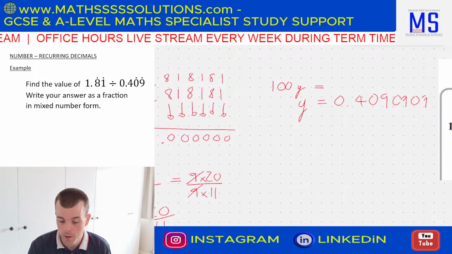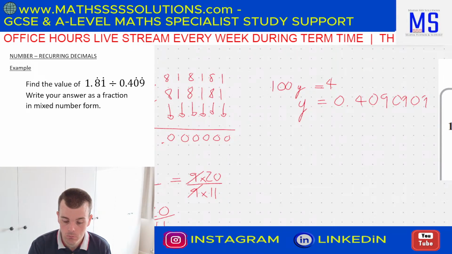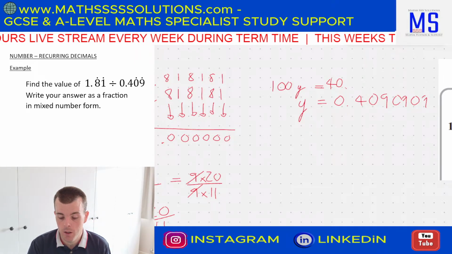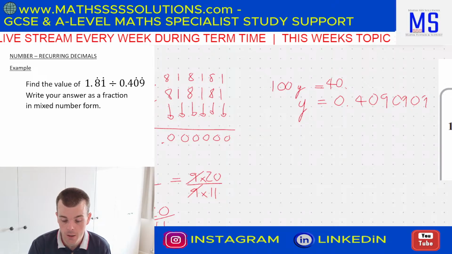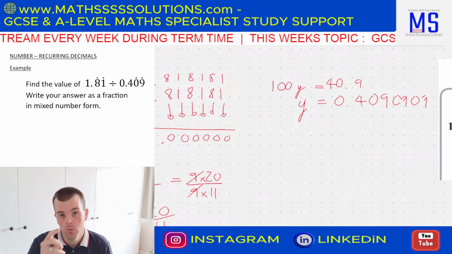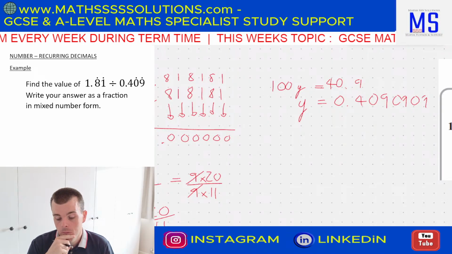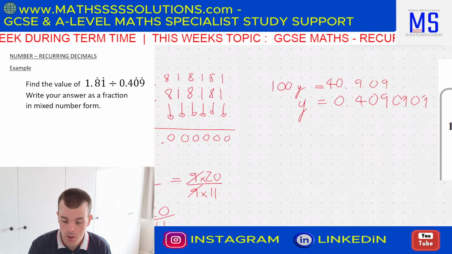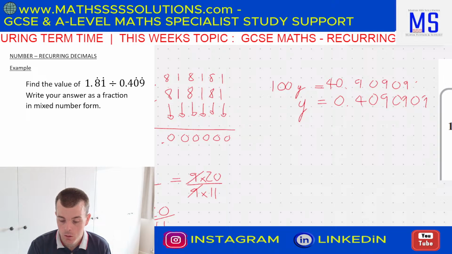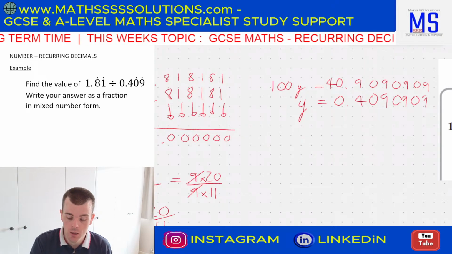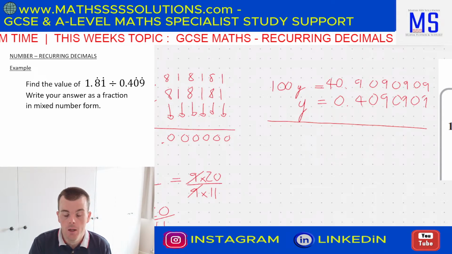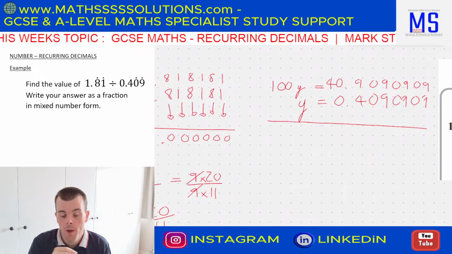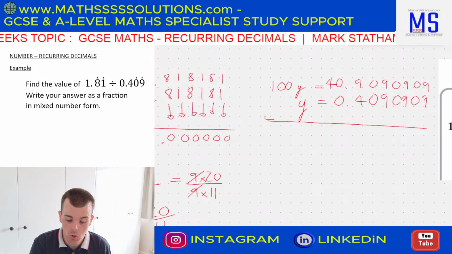So let's do 100y. That would be 40 point. And when you move the decimal point twice, the first thing after the decimal point would be the 9 now, which doesn't have to be the same as below it. But then after the 9, it would be 0909. So even though when you come to subtract these, it won't make it a terminating whole number, but it will make it a terminating decimal at some point.